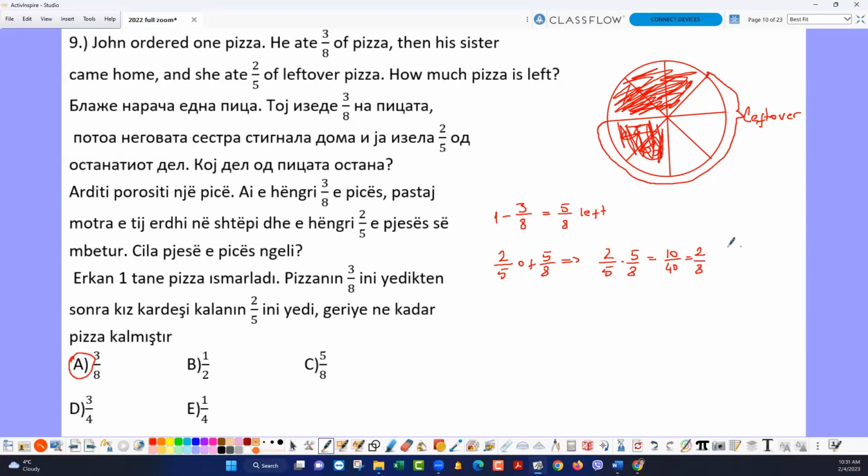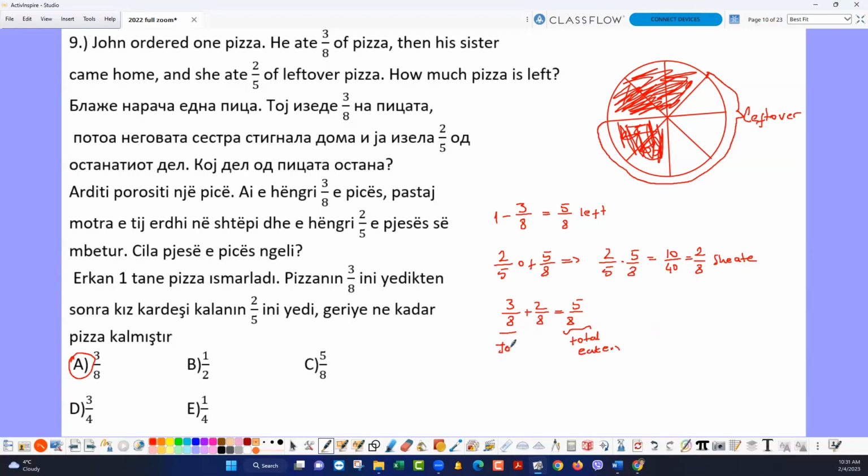So he ate 3/8, and she ate 2/8, and totally they ate 5/8 of it. Total eaten, this is.